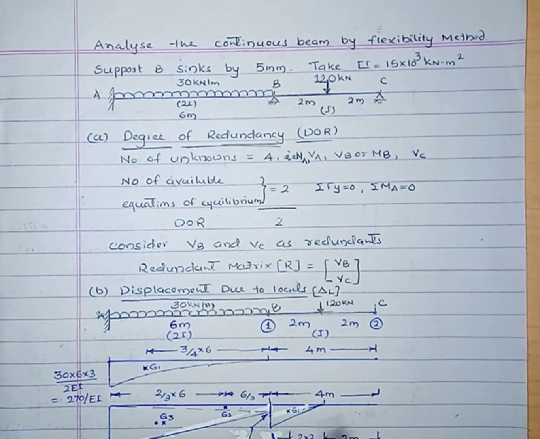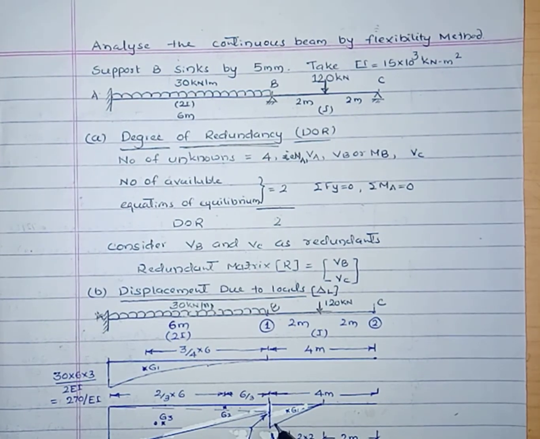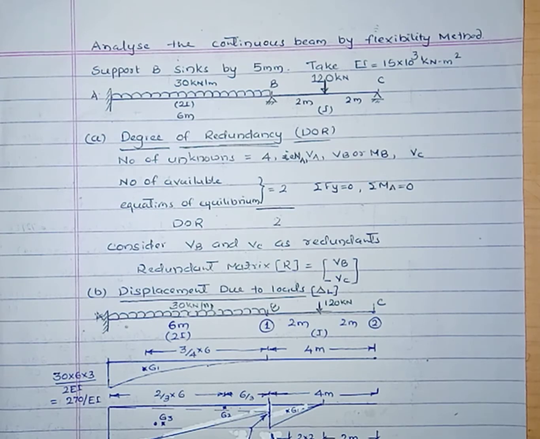Similarly for this portion, that is half into 6 into 120 by EI, this triangle, this is second triangle, into centroidal distance 6 by 3.